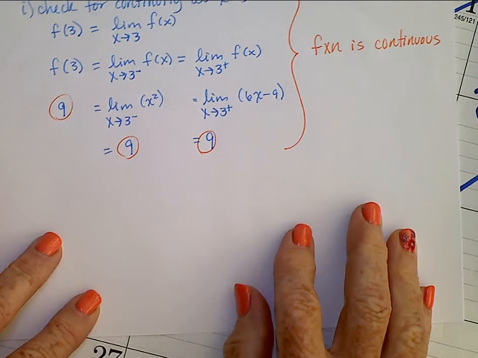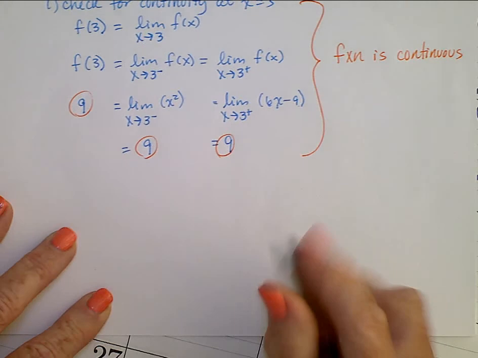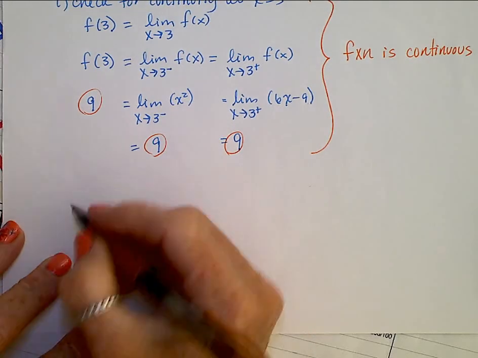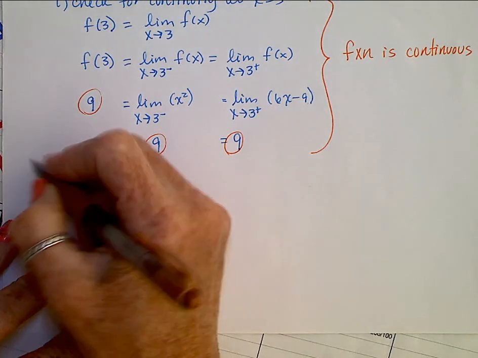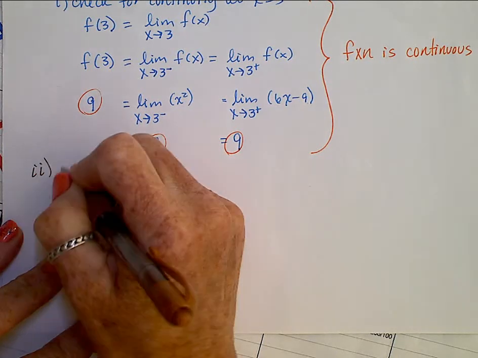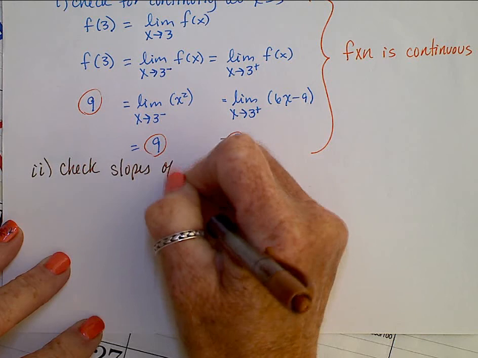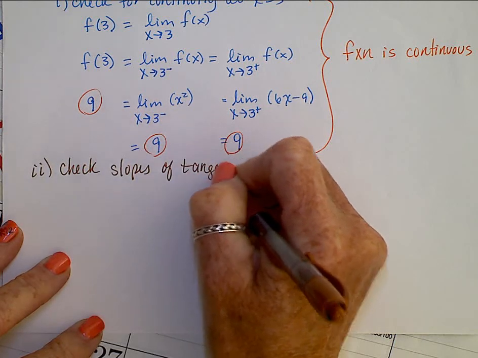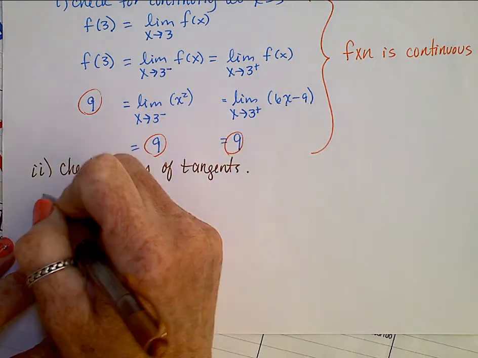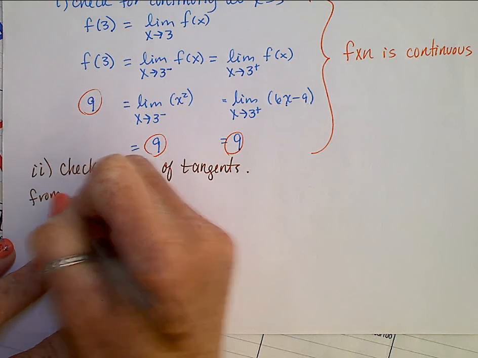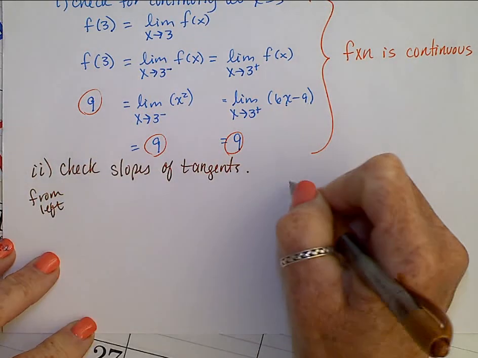Alright, second part here. Let's check for slopes of tangent lines. We are going to have to check from the left and from the right.